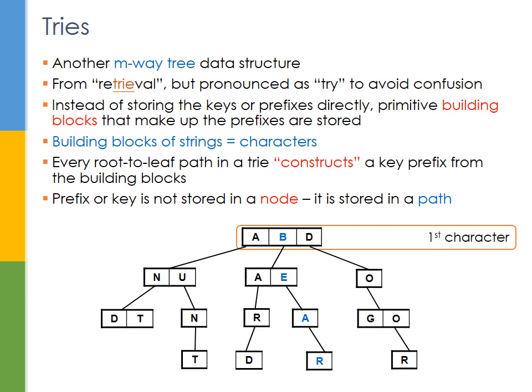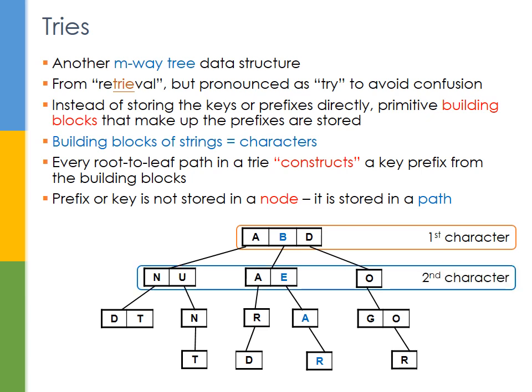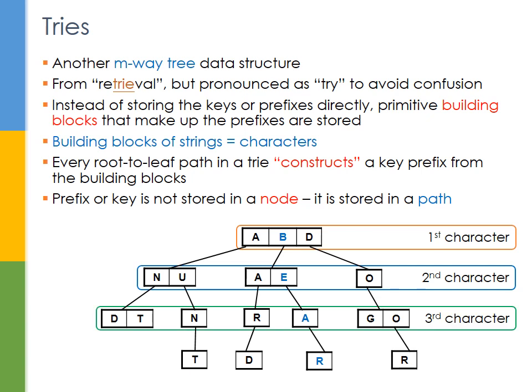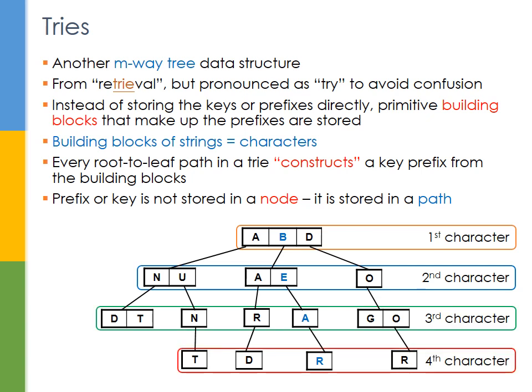Thus, a single character is going to be seen as this primitive building block. So we are going to store the first character of the words in the root level of the tree. Then the second level will store the second characters, the third level will store the third characters, etc., until you have stored all of your words.